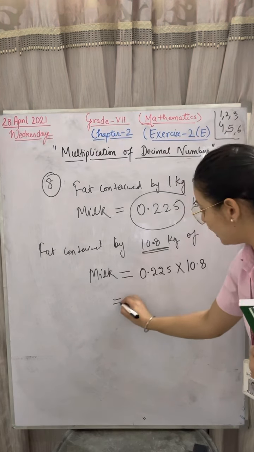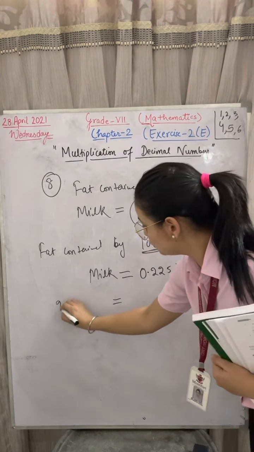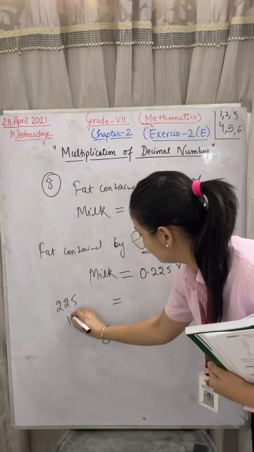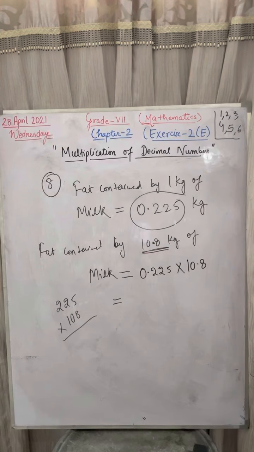Now you have to multiply 225 with 108. Please do the multiplication quickly. I'm checking your answers. Yes, 24300.